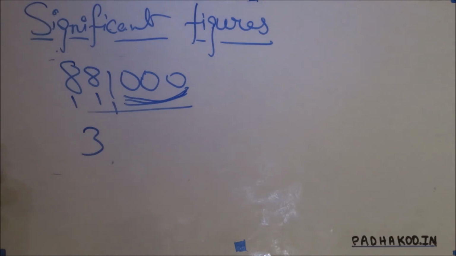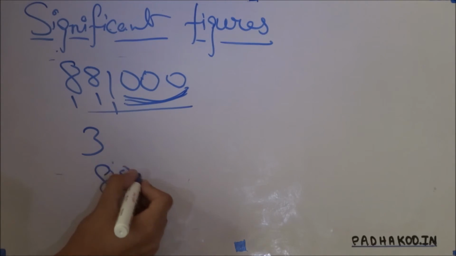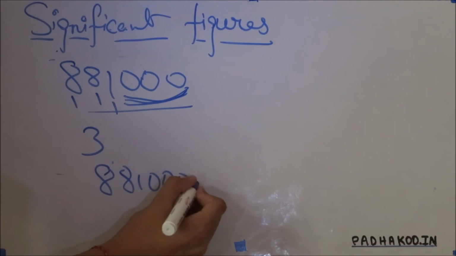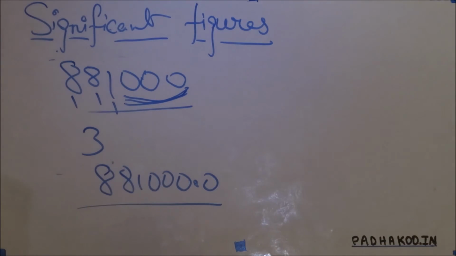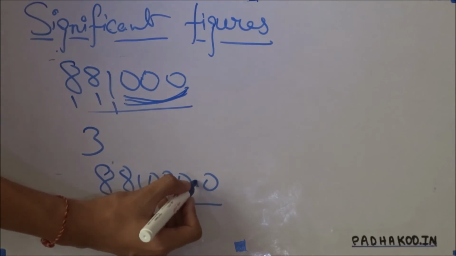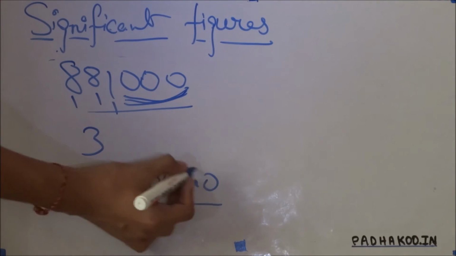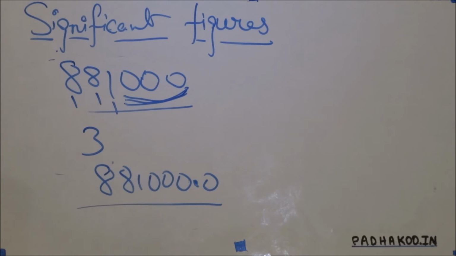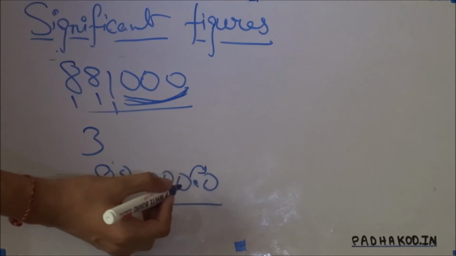We get 3. But if there is a number like 881,000.0, we will consider the digits, because the decimal point is lying in the number. The number is not ending before the decimal point; it is ending after the decimal point.